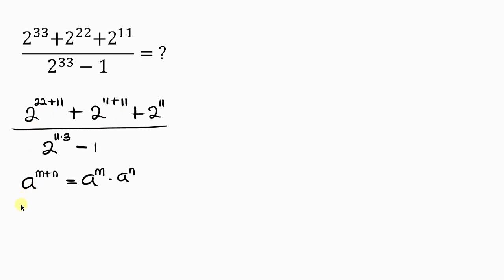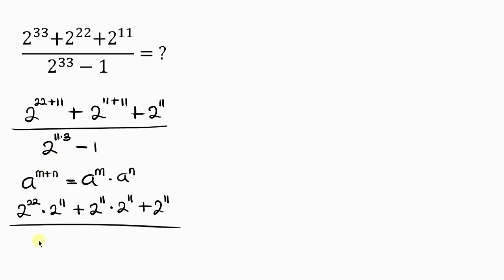So this becomes 2^22 times 2^11, plus, we do the same thing here, 2^11 times 2^11, plus 2^11, all over, now this is 2^(11 times 3) minus 1.